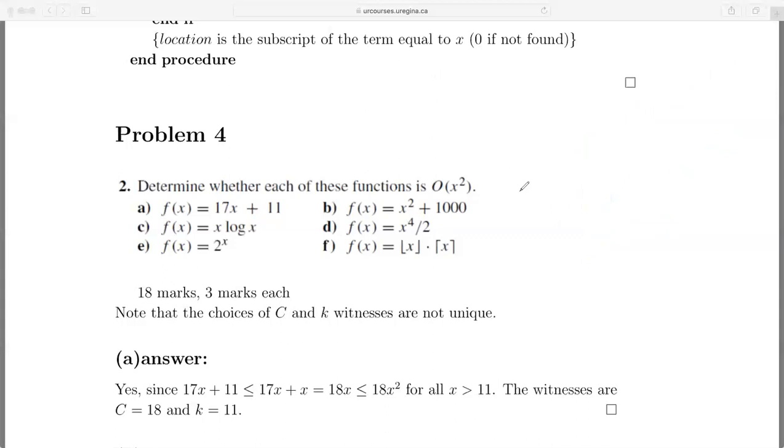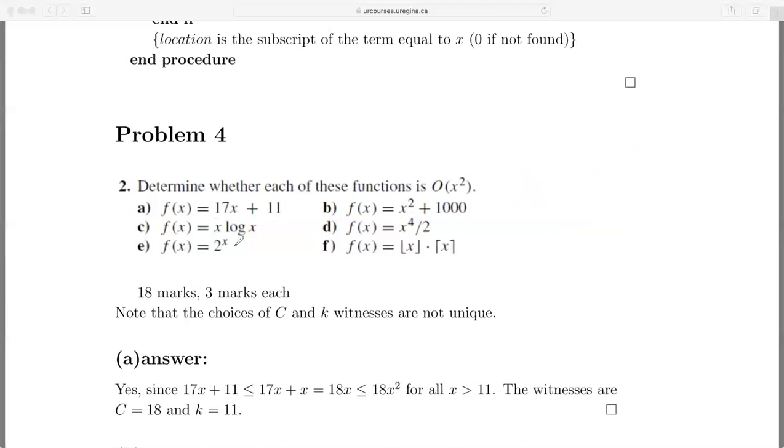For this, you cannot satisfy our main equation: the absolute value of f of x is less than or equal to c times g of x, where g of x is x squared. Your c would have to be greater than or equal to x squared over 2, and you cannot find such a value. So that's why you can say that this is not big O of x squared.